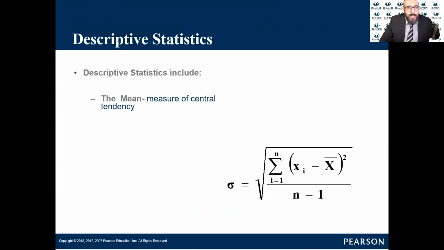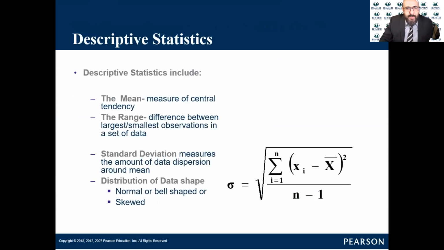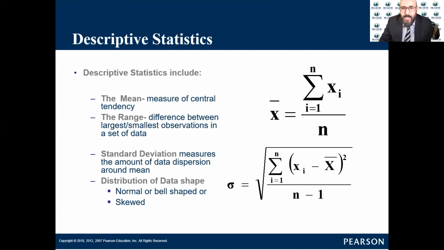All right. Now, moving into some of the descriptive statistics that we will be using in the control chart. The mean measures the central tendency, and to calculate the mean, we add all the values together and divide by the number of values. The range would be the difference between the smallest and the largest, or what we use in Excel, maximum minus minimum.